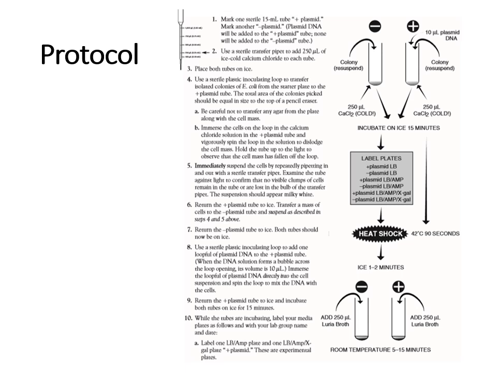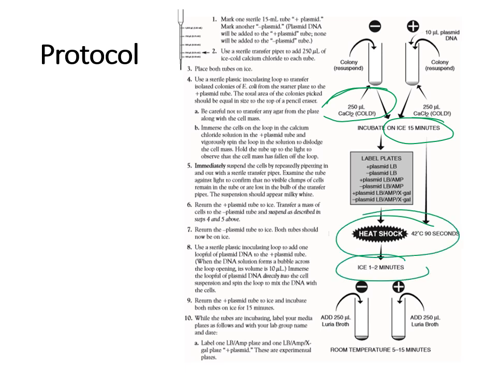For instance, first adding calcium chloride, incubating on ice, having heat shock, ice, the nutrient-rich media, which is the LB broth, okay, incubating for some time. Whenever you do these steps, even though the volumes, the amounts you're using, the times you're using may vary, the steps are always the same and the purpose is always the same. So when you go through a protocol, I want you to always ask yourself, why am I doing these steps?